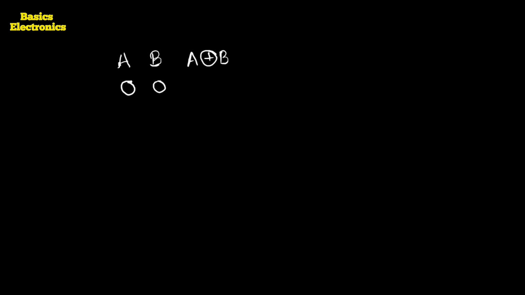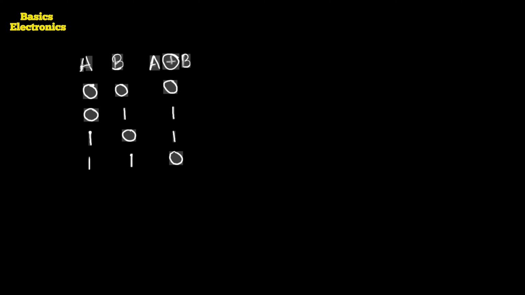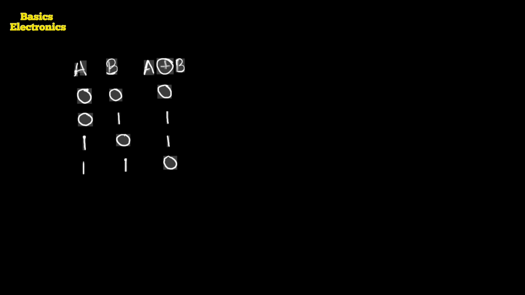A 0, B 0, output Y is also 0. A 0, B is 1, output is 1. A is 1, B 0, output is again 1. A is 1 and B is 1, we get the output 0. This is the table for the 2-input XOR gate.